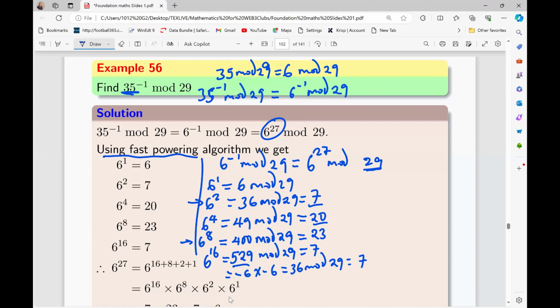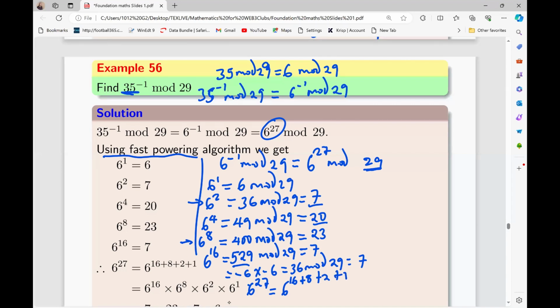What remains is the result. 6 raised to 27 therefore becomes 6 raised to 16 plus 8 plus 2 plus 1. You're only using what you have.